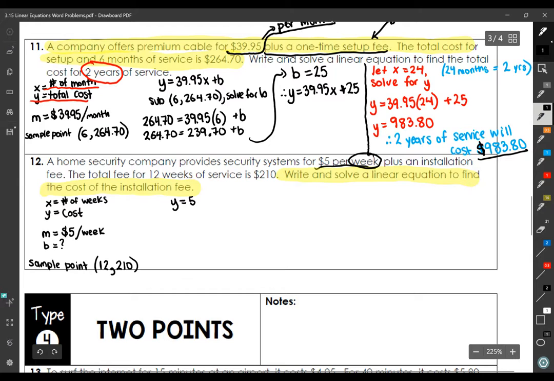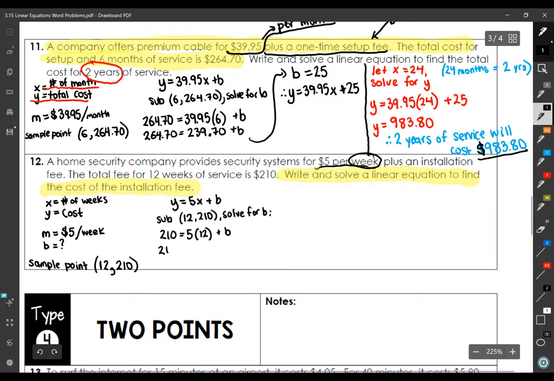Okay, so create our partial equation. y is equal to 5x plus b. Substitute in the data. So we're going to substitute 12, 210 into our equation and solve for b. Okay, so 210 is my y, 12 is my x.